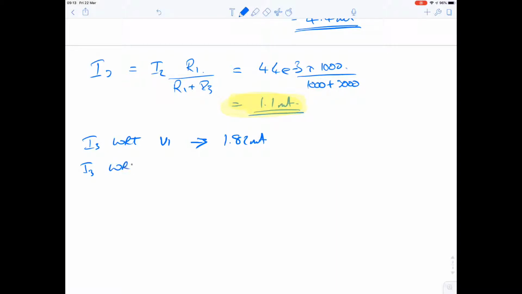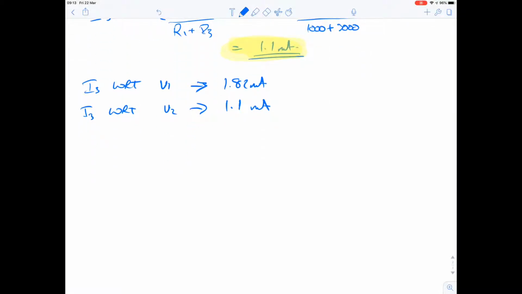I3 with respect to V2 gives me 1.1 milliamps. They're both in the same direction in the way the currents have flowed. Therefore, I3 in the superposition is simply 1.82 milliamps plus 1.1 milliamps, 2.92 milliamps.